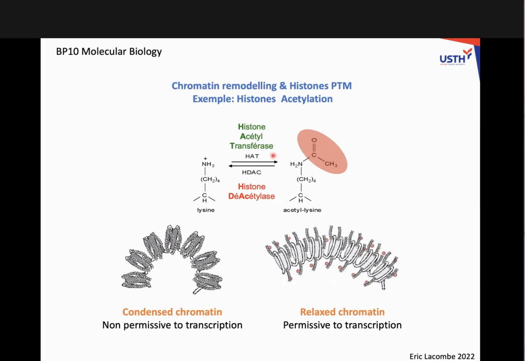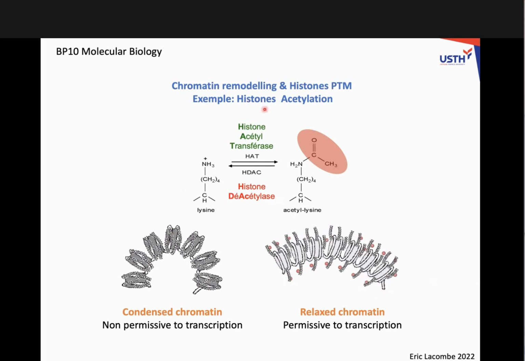In the opposite way, if the chromatin is relaxed and we want to condense it locally, you only need to remove the acetyl group of the lysine, and then the consequence will be no acetyl group, then condensation. Okay.